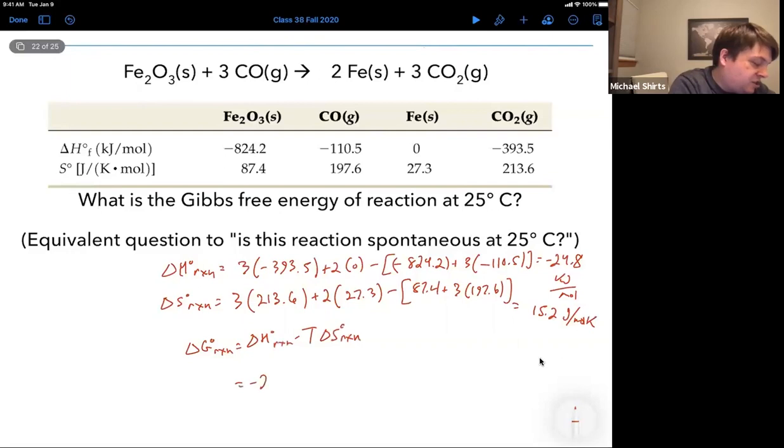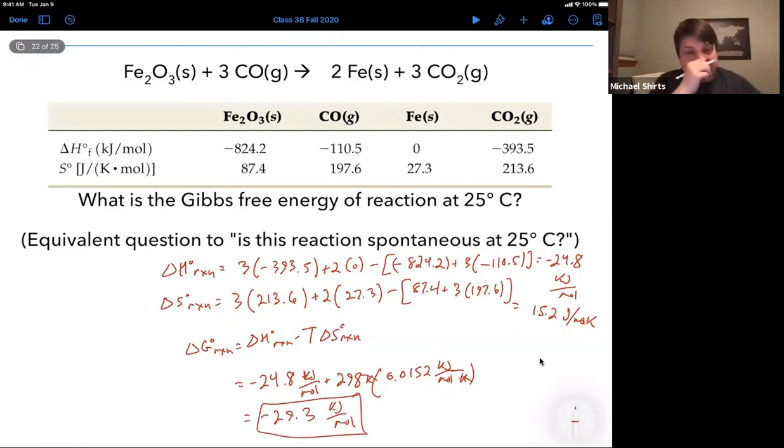And so we get minus 24.8, plus, let's make the units explicit now, minus 28.4 kilojoules per mole, 25 degrees C, so 298 Kelvin times, and now we have to convert this into kilojoules, 52 kilojoules per mole Kelvin. The Kelvins cancel, and we get minus 29.3 kilojoules per mole. So it's a spontaneous reaction.